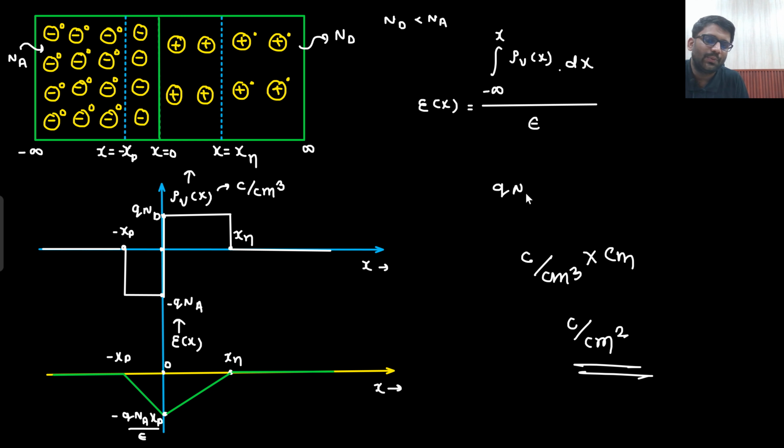And this much area is qNd xn. And I know that Nd into xn is equal to Na into xp. If I multiply with q on both sides, both will be equal only. So total negative area is equal to total positive area.